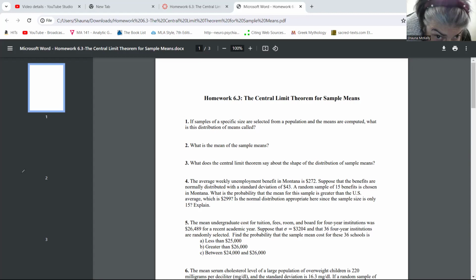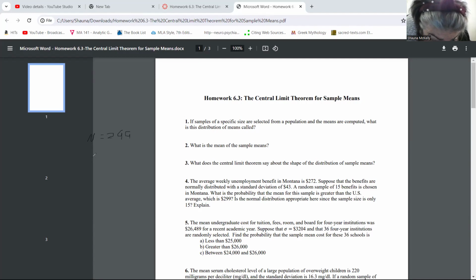So we have this. We know that mu is equal to $299.